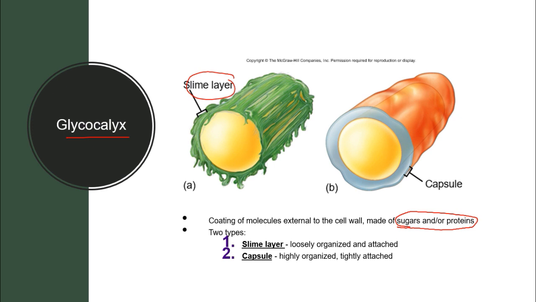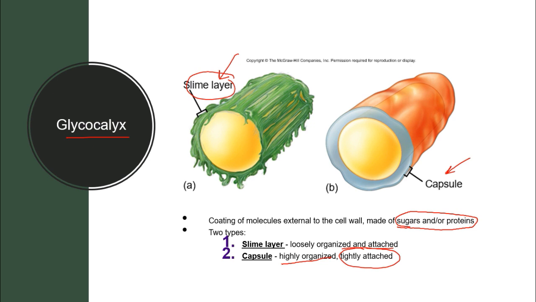There are two types of glycocalyx, either a slime layer or a capsule layer. Both are filled with sugar moieties attached with proteins and fatty acids. The slime layer is a loosely organized, loosely attached structure, while the capsule is highly organized and tightly attached, but the structural components are kind of equal between the two.